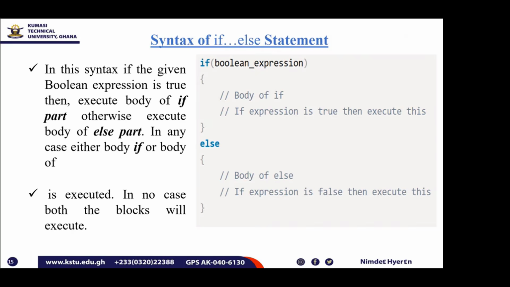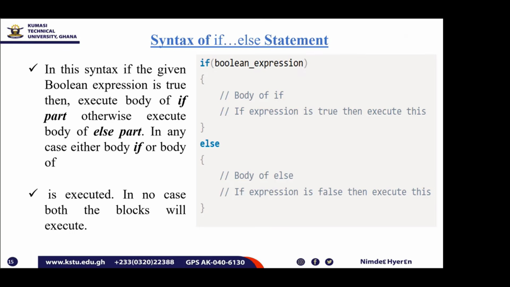So let's look at the syntax for the if-else statement. You have the if with a Boolean expression. Then we have the body of the if. The body of the if would only be executed if the Boolean expression is true.